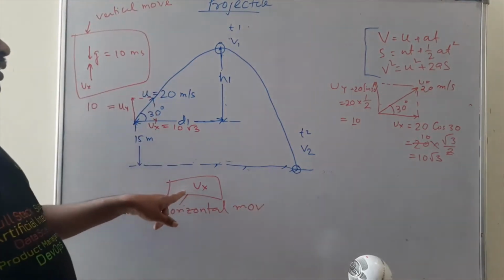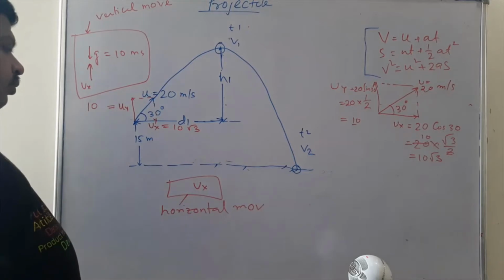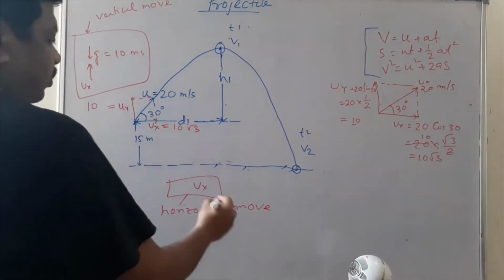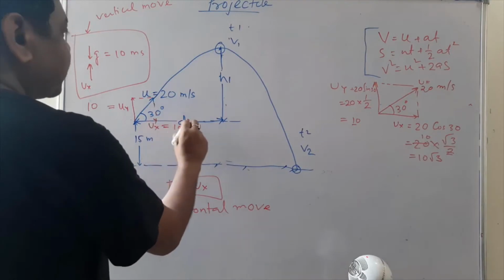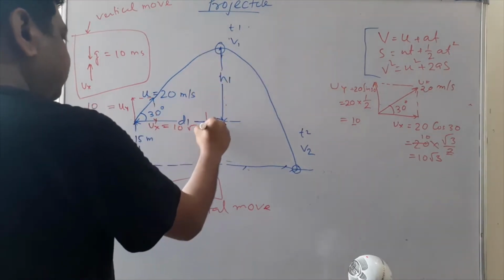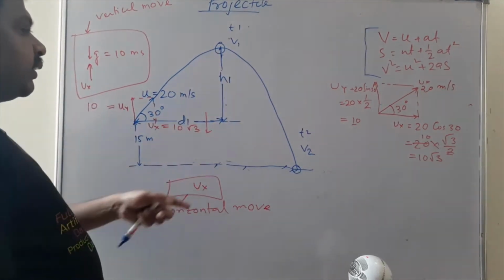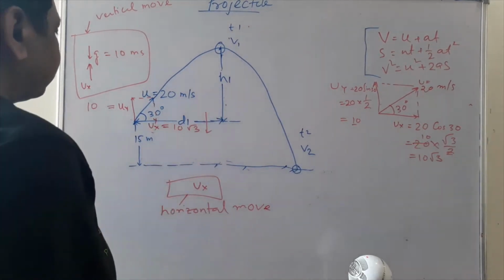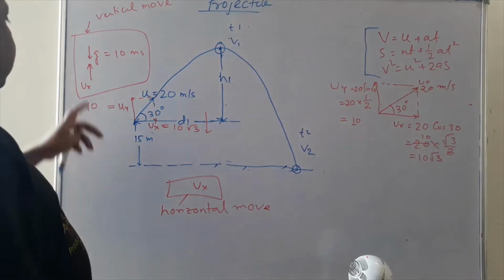Why are we not considering g here? Because this is the direction of ux and g is in this direction, so it is exactly 90 degrees. The g has no effect on ux. Okay, this is the thumb rule.